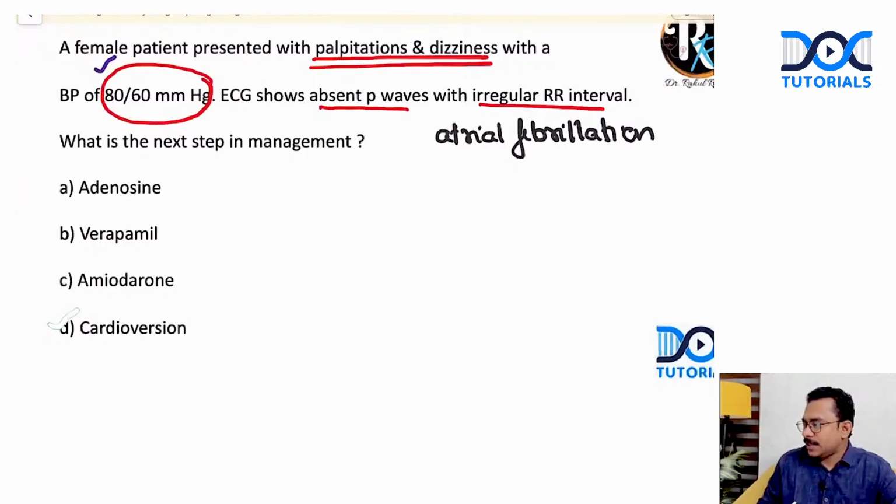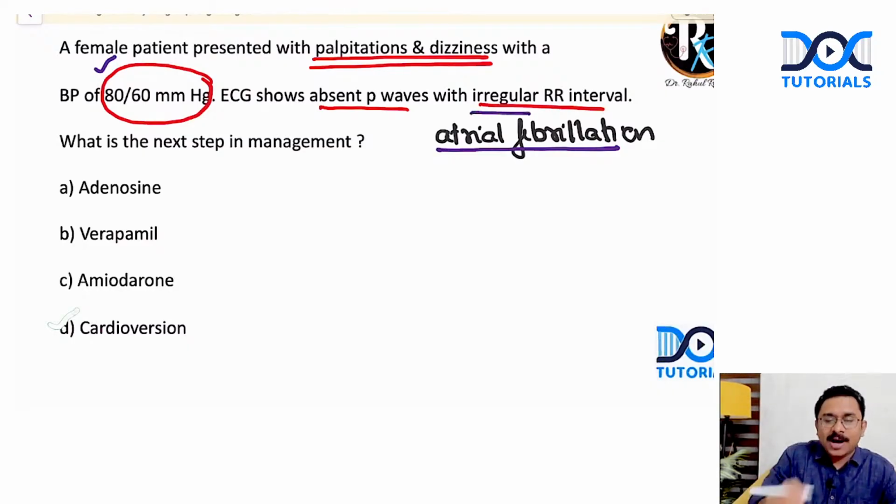Right? Right. So one doubt by Dr. Irene: Sir, would we give adenosine as first line if the patient was not hypotensive? Dr. Irene, the diagnosis here is atrial fibrillation. Typically, the drug adenosine is given for paroxysmal supraventricular tachycardia, that is PSVT. If the question was absent P waves with regular RR interval, then it would have been PSVT.